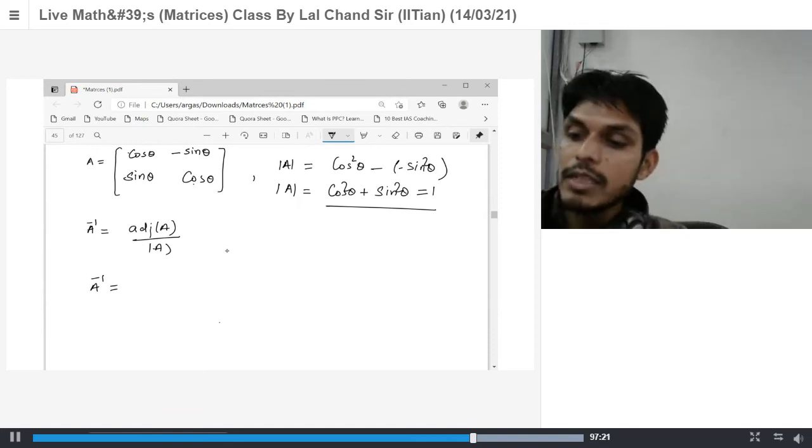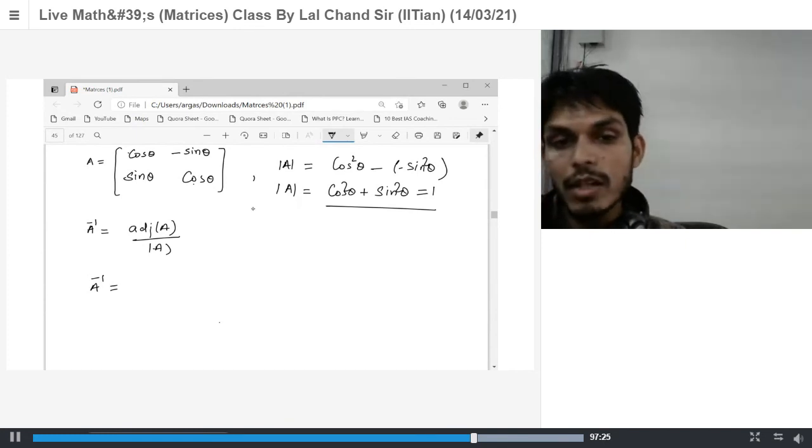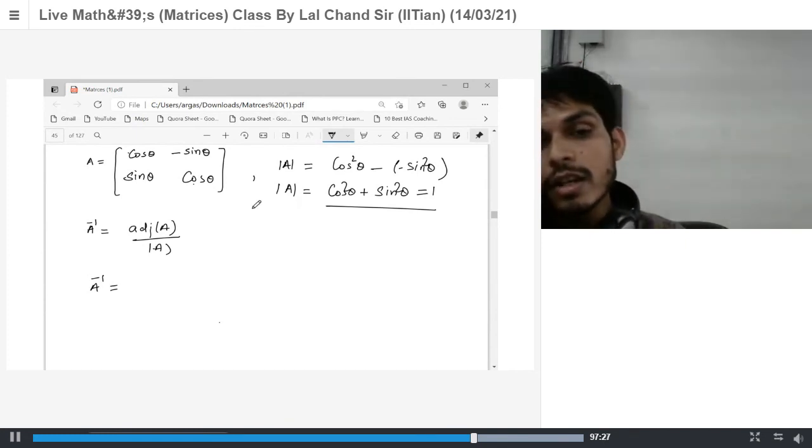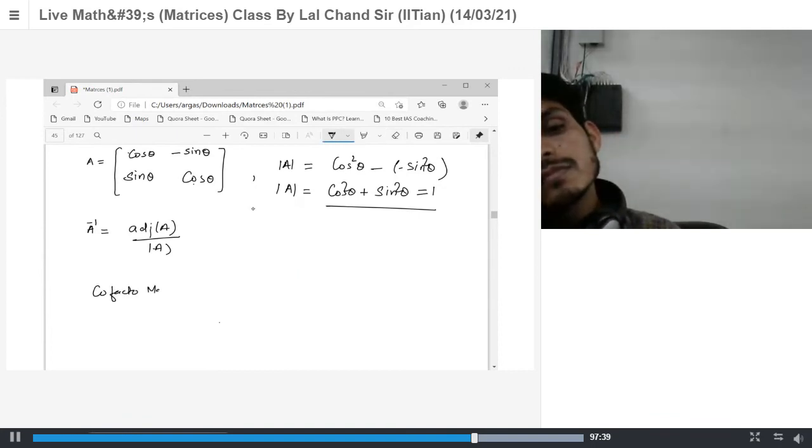Okay. So let us try to find it systematically, then we make a direct formula. First we need to find the adjoint of A. For the adjoint of A, we need to find the cofactor matrix of A. For this element, I have cos theta.